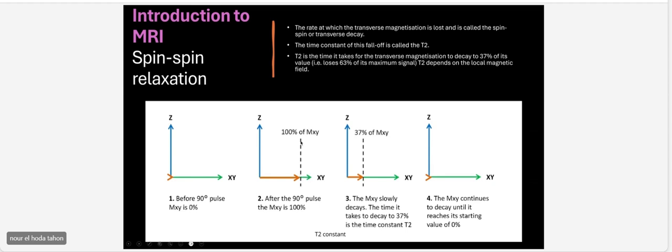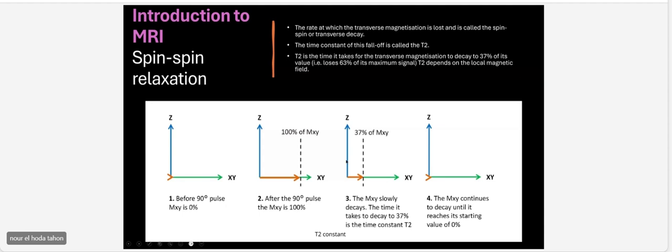Once it reaches the end, it's 100%, and then it will decay. Once it returns back to 37% of decay, we can have the time for T2.